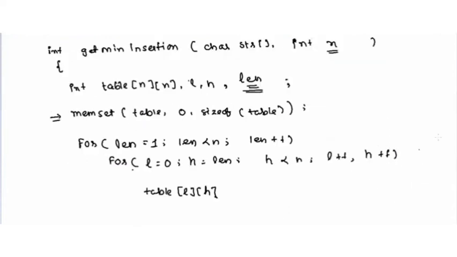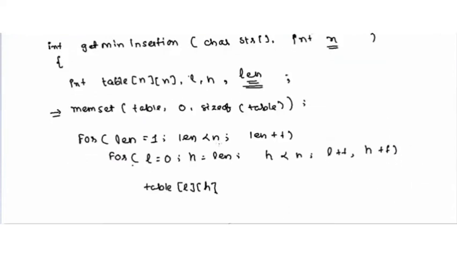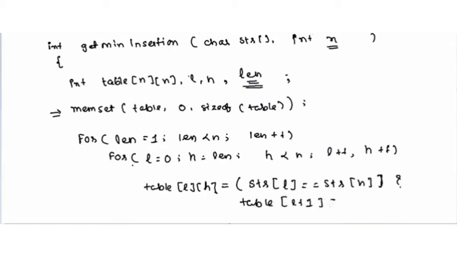So we'll follow the same formula. The table of L, H equals, we'll write directly with the star character so that it requires less space. If string of L equals string of H, we can directly check what the table has for L plus 1, H minus 1.